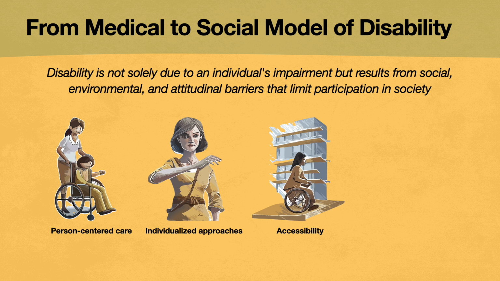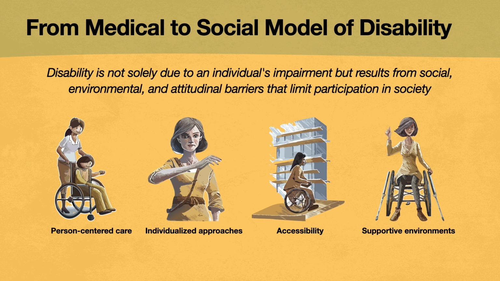Accessibility advocates for environments that are inclusive and accommodating. Supportive environments focus on creating spaces where persons can thrive. Staff training and awareness highlight the importance of educating professionals to ensure sensitivity and understanding in their interactions with persons with disabilities.